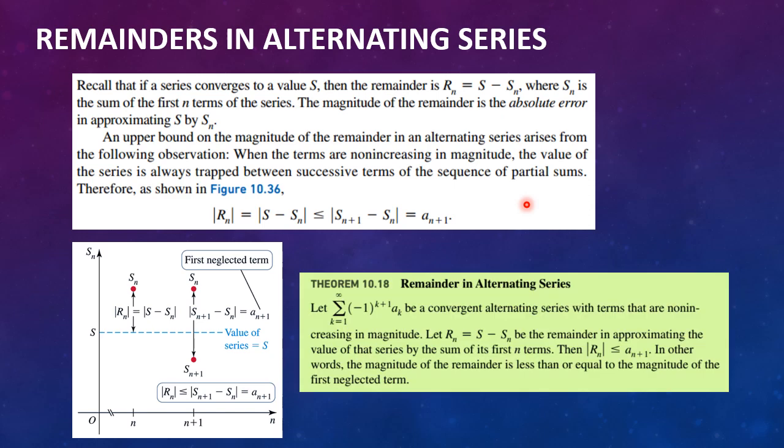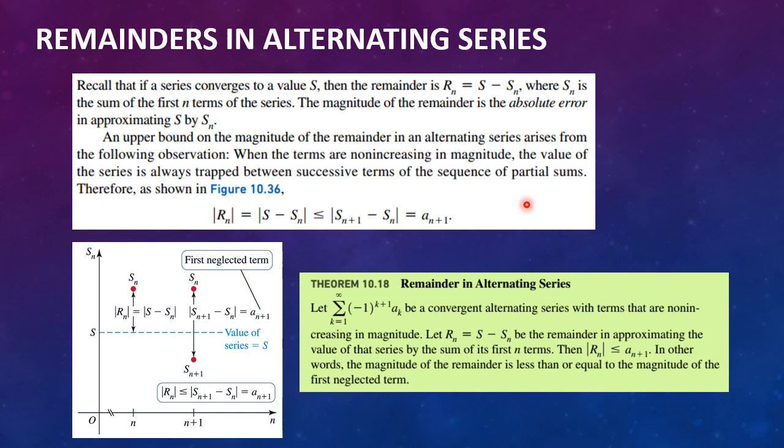And so this leads us to Theorem 10.18, the remainder in alternating series. Let the sum from k equals 1 to infinity of negative 1 to the k plus 1 times A sub k be a convergent alternating series with terms that are non-increasing in magnitude. Let R sub n equal S minus S sub n be the remainder in approximating the value of the series by the sum of its first n terms.